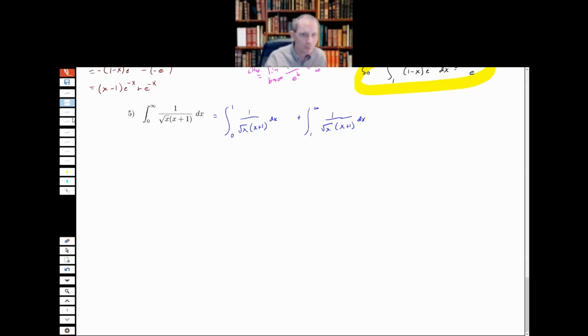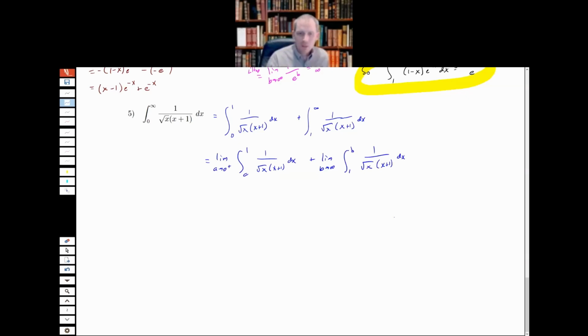All right. Let's go ahead now and bring in our limits. So I'm going to have a limit as a goes to 0 from the right, the integral from a to 1 of 1 over root x, x plus 1 dx, plus the limit as b goes to infinity, the integral from 1 to b, 1 over root x, x plus 1 dx.